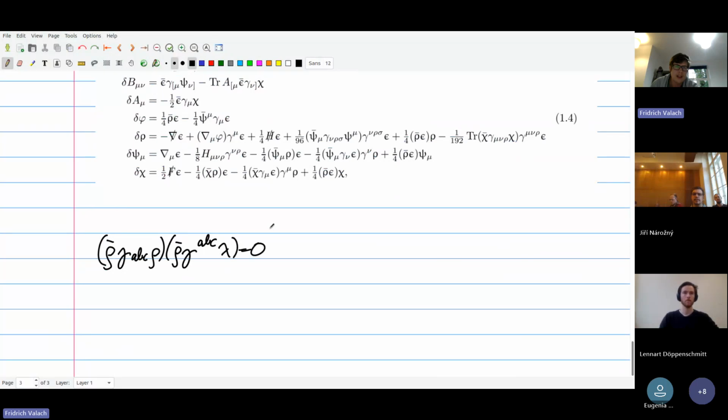So you want such an identity, and it doesn't hold in higher than 10 dimensions. The reason is that this is implied by the fact that if you take your spinor representation, S plus, and you take the third symmetric power of it, then this should not contain S minus as a sub-representation.